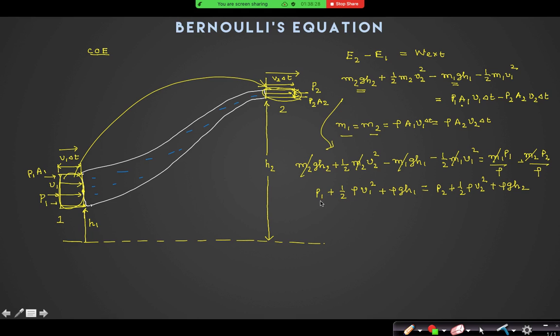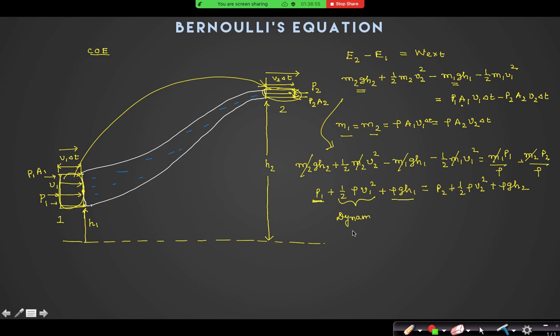Out of that, P plus rho GH, we have studied that it is a pressure, the hydrostatic pressure. But what is this part? Is it also a pressure? It is by virtue of the motion. This pressure is known as dynamic pressure.